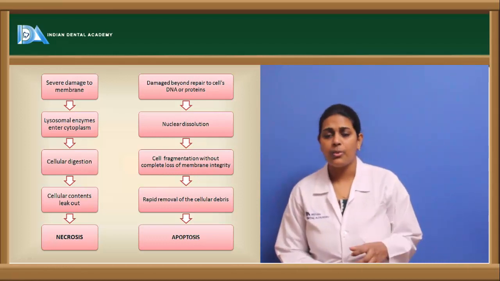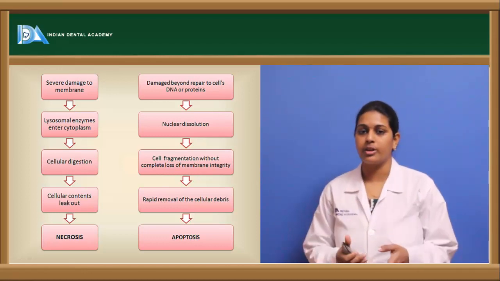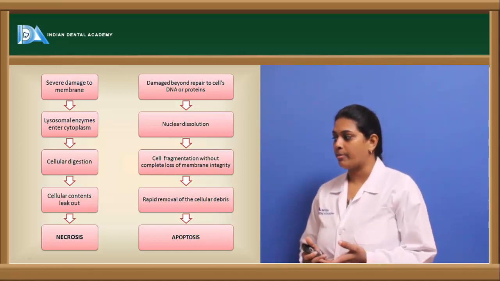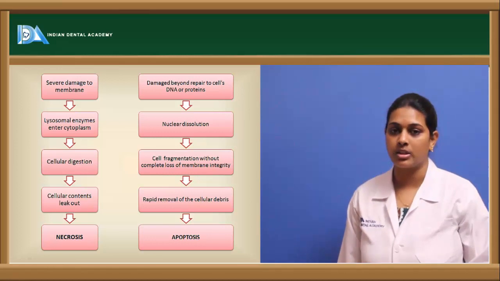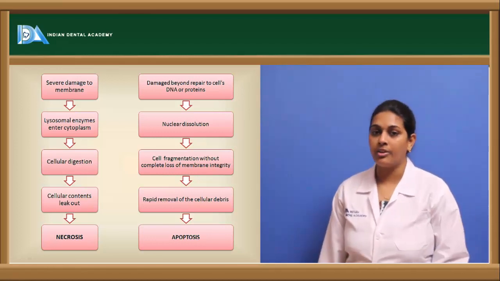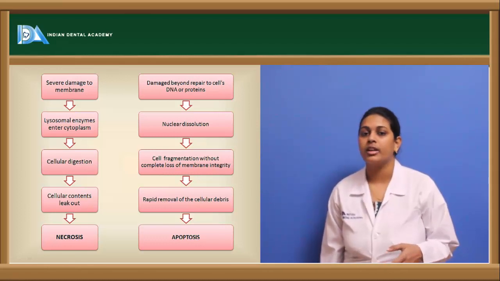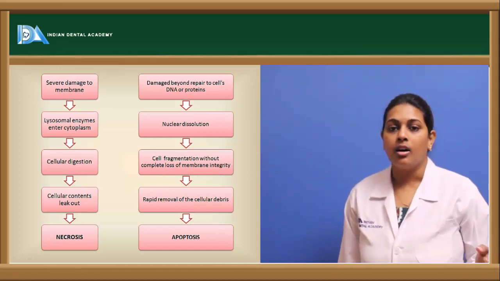Once the cell is reduced in size, it gets fragmented, that is, it breaks down into smaller particles without any loss of membrane integrity, whereas with necrosis there is complete loss of membrane integrity. Here there is proper maintenance of membrane integrity, which helps in the formation of membrane blebs, that is, unwanted waste.